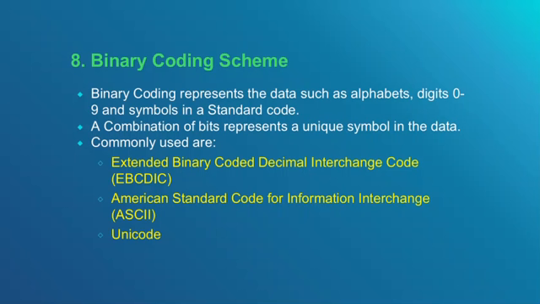We are using Extended Binary Coded Decimal Interchange Code, that is EBCDIC. And the next binary coding system is ASCII, American Standard Code for Information Interchange, which is widely used in all computers. And the last one is Unicode. So first, the Extended Binary Coded Decimal Interchange Code.